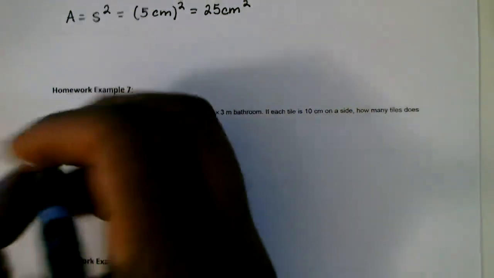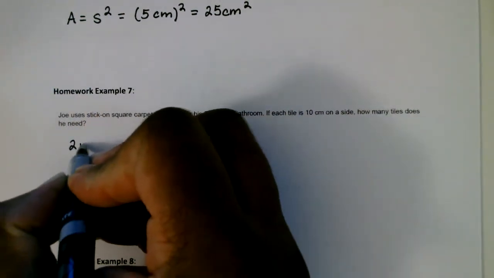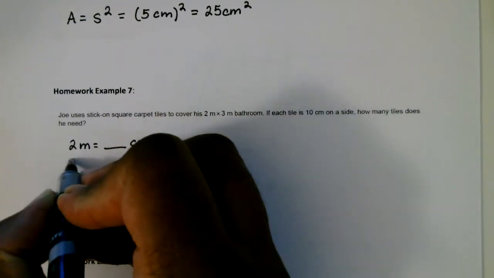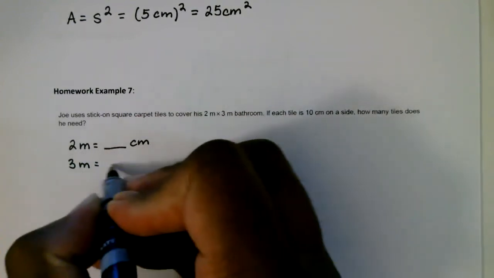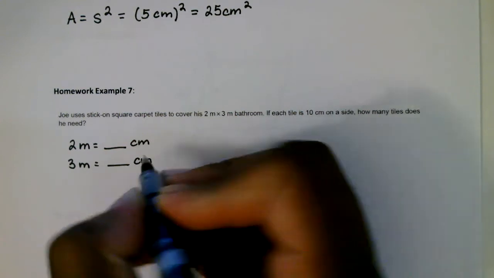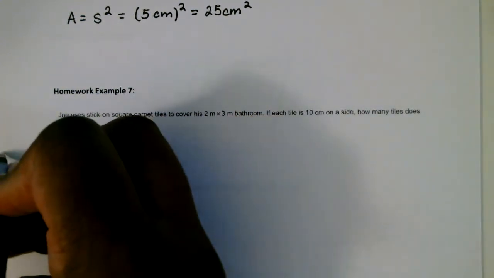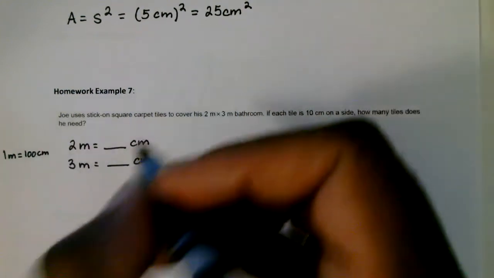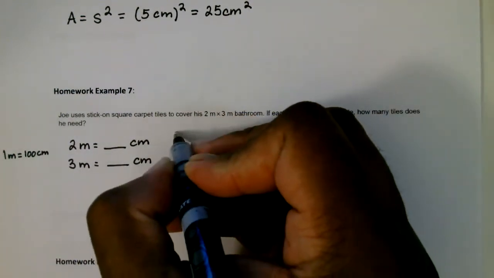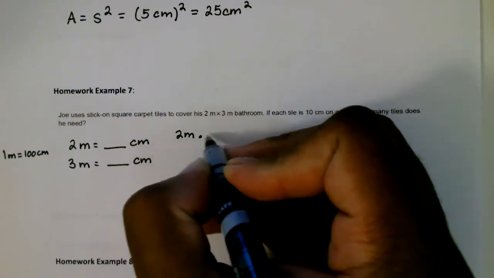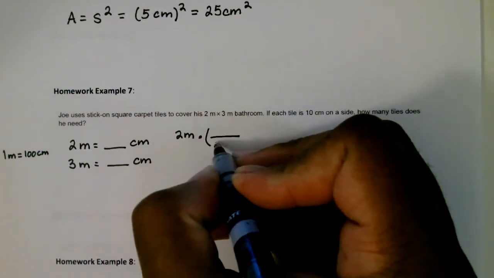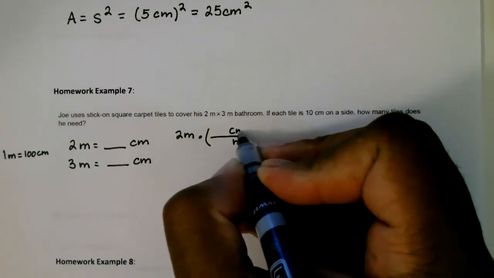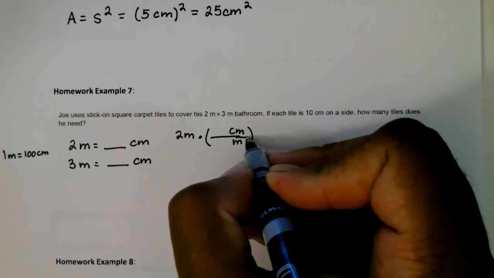We need to convert 2 meters to centimeters, and also we need to convert 3 meters into centimeters. I know this: 1 meter is 100 centimeters. So let's use that. The 2 meters will be multiplied by, we're converting from meters, which will be in the denominator, to centimeters, which will be in the numerator.